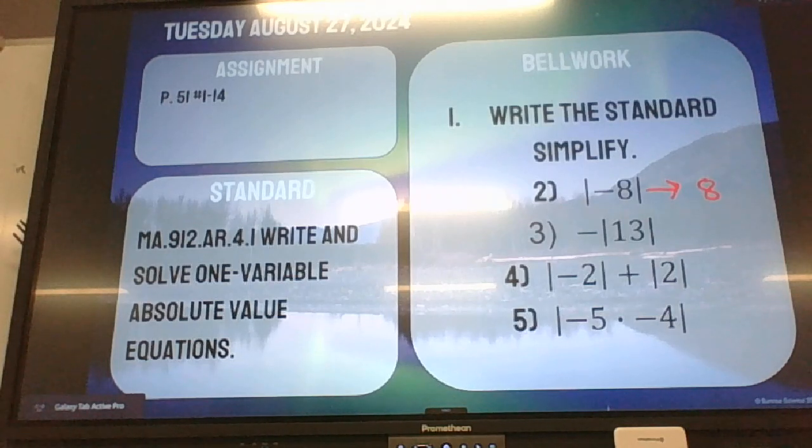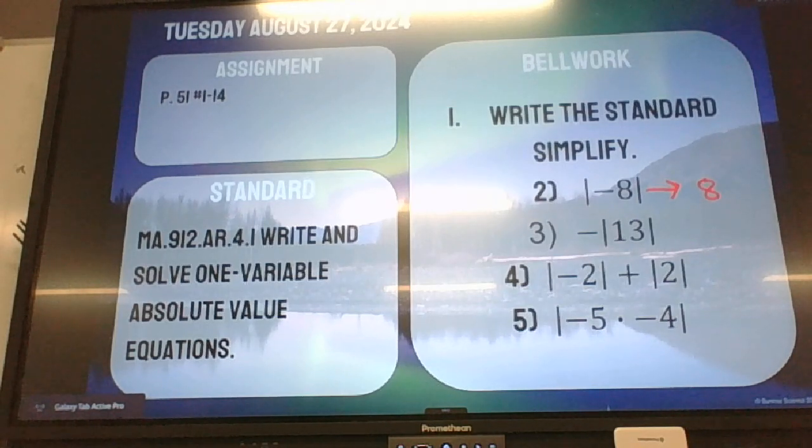What's the absolute value of -2? Somebody in these 2 rows. 2. And what's the absolute value of positive 2? 2. So this answer is 4. Without the bars there, it would have been a hot 0. But here we got bars, 2 and 2 make 4. It's a hot 0.